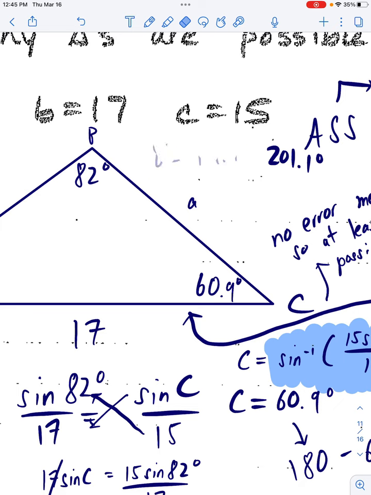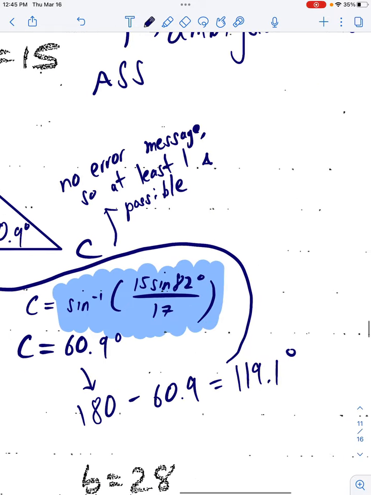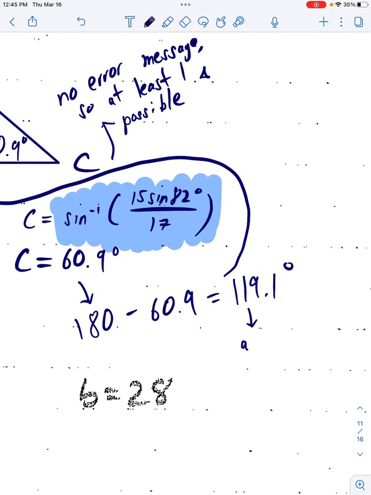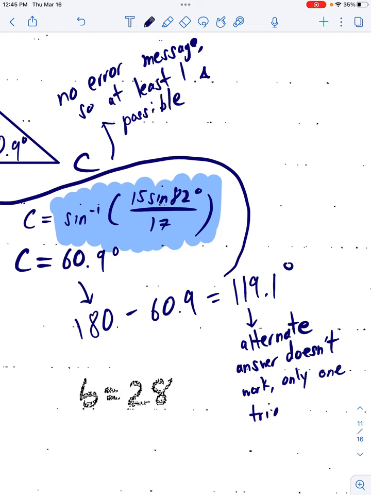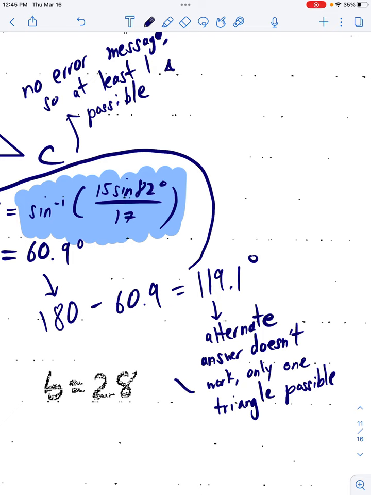So we only have one triangle possible. The alternate answer doesn't work because angles can't sum to more than 180.